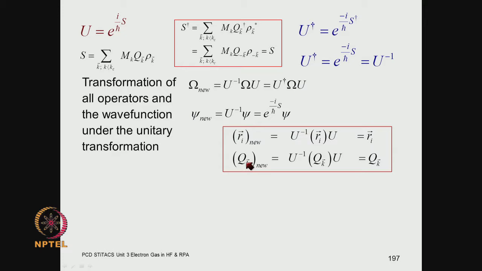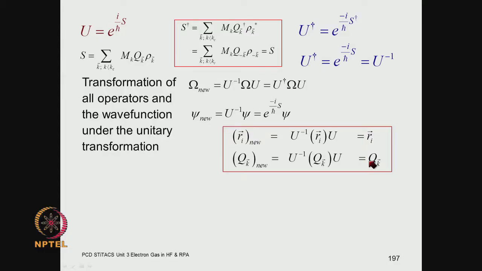The coordinate Q operators also remain invariant, because after all the transformed Q requires you to examine the commutations of Q with these operators, but Q will not commute with the momenta, but with other coordinates it certainly commutes.